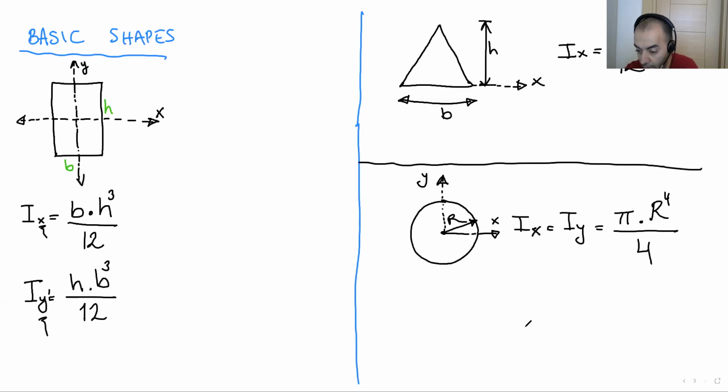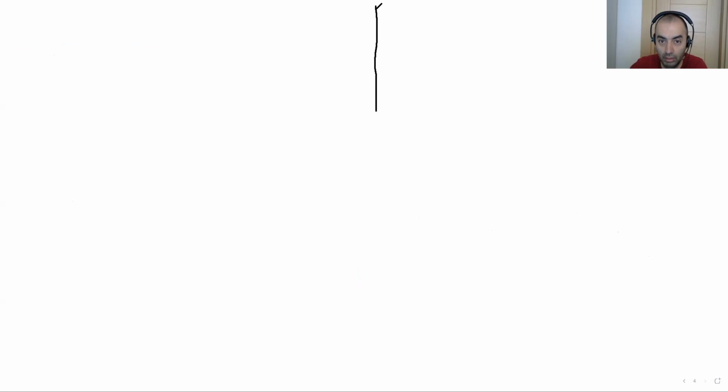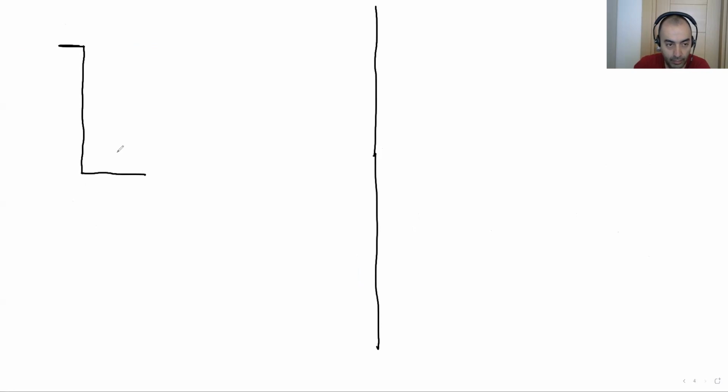So let's do our first example. L-shaped section. Okay.